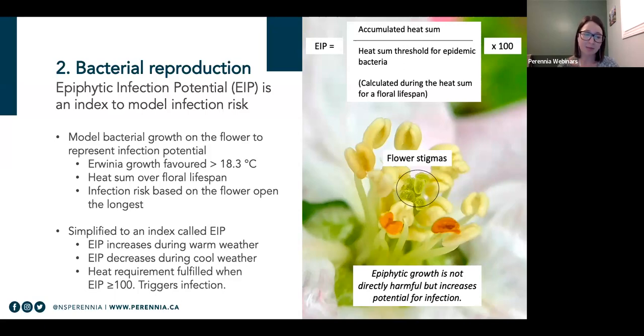Just to keep it simple though, your EIP increases during warm weather, your EIP decreases during cool weather. Again, that's a representation of your bacterial growth. And that bacterial growth on the stigma is not directly harmful to the plant, but it increases the potential for infection. So that's why we're monitoring for how much bacteria is present.